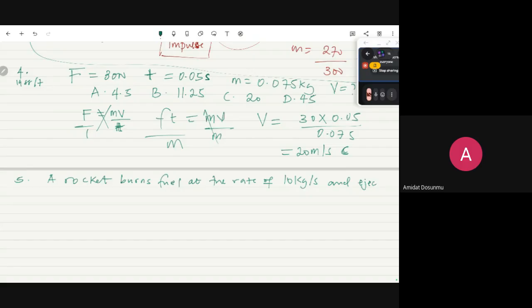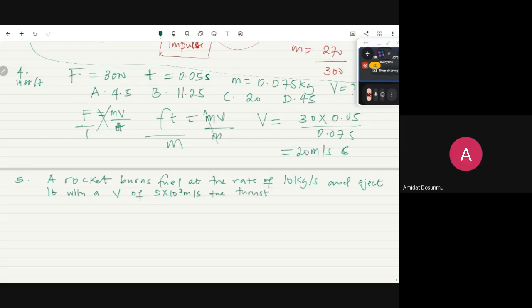A rocket burns fuel at the rate of 10 kilogram per second and ejects it with a velocity of 5 times 10 raised to power 3 meters per second.